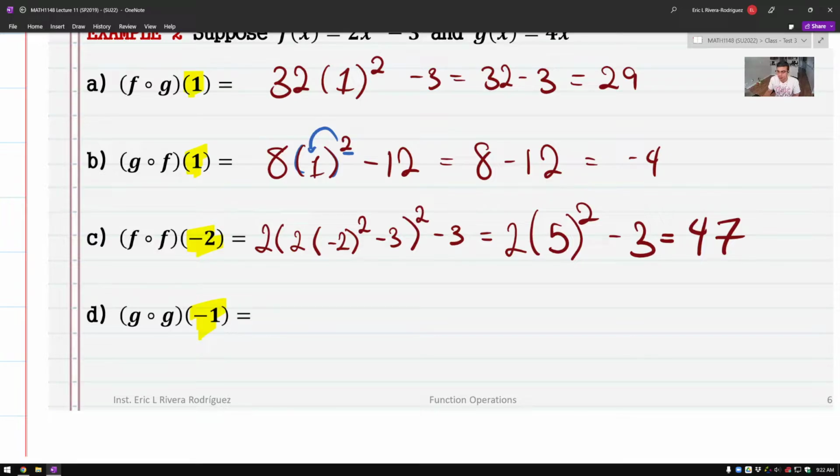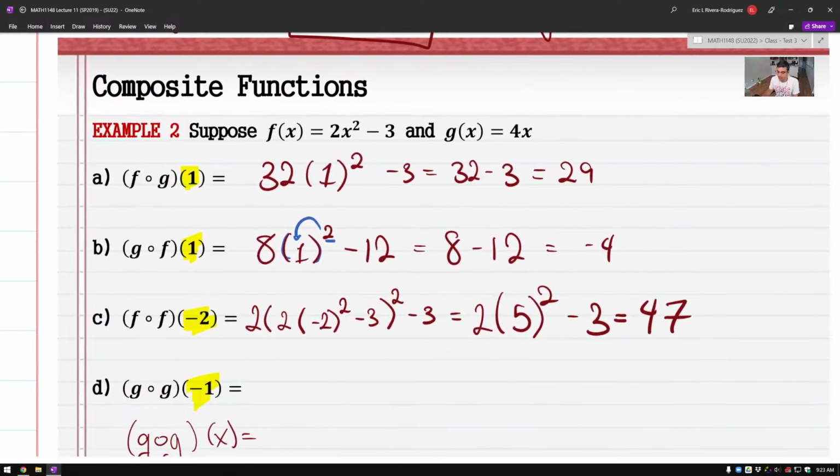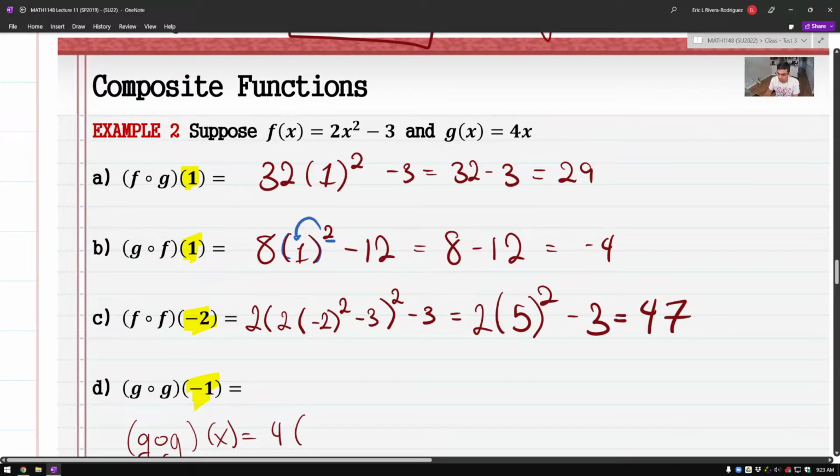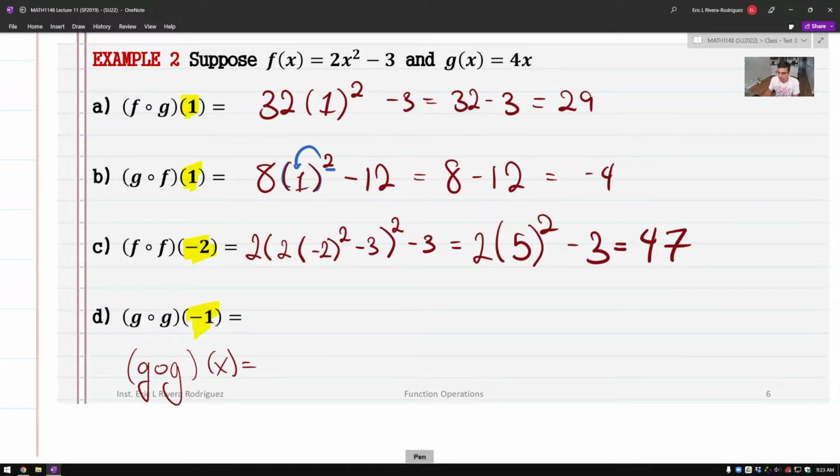So the first thing that we want to do here, let's move to D. First thing that we want to do is to get this definition. And then we have 4 times g of x. Let me complete this.